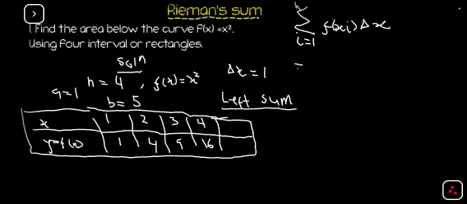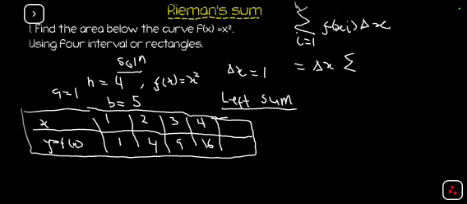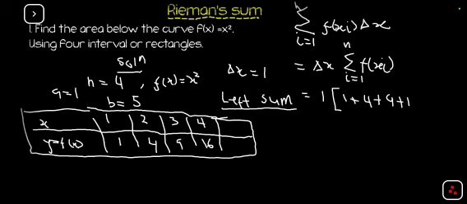So it will be change in x times the sum of their heights, that's f of x i, with i equal to 1 to n. Now let's substitute our values. Our change in x, which is 1, times the sigma. So we are summing our f of x values: 1 plus 4 plus 9 plus 16.